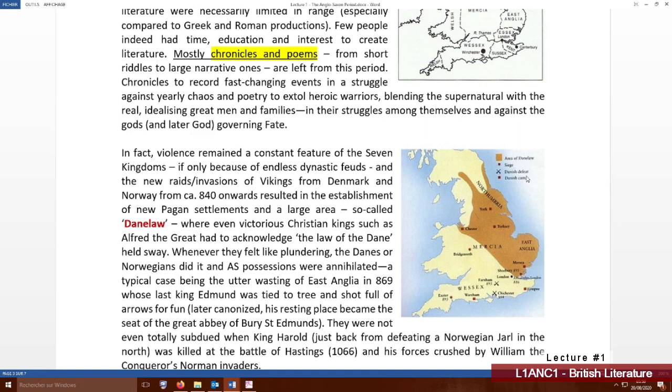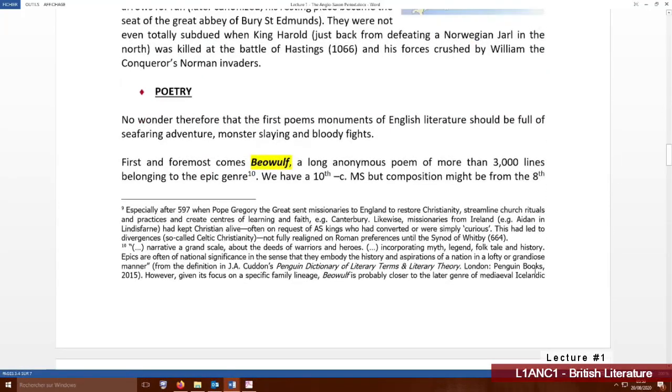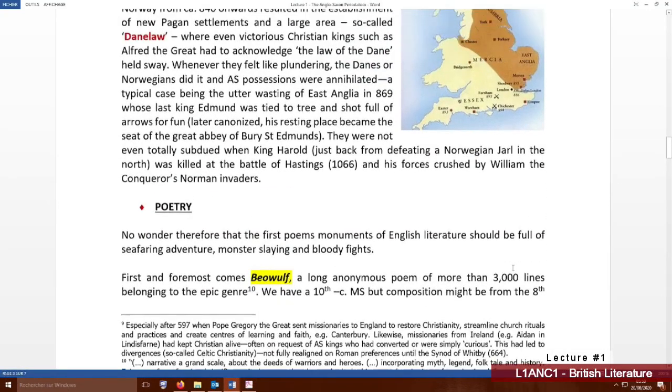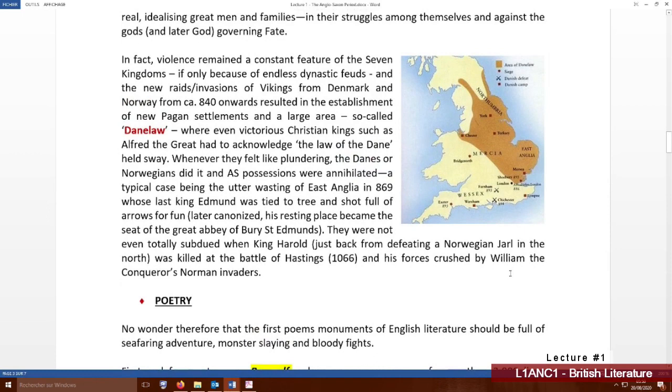Now, even a few weeks before the Battle of Hastings, when King Harold, the last Anglo-Saxon king, was defeated by William the Conqueror, well, Harold had been fighting some Norwegian landing up north, you see. So all the way to the end, this situation of violence lasted.